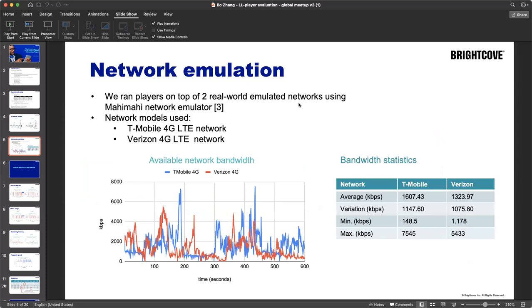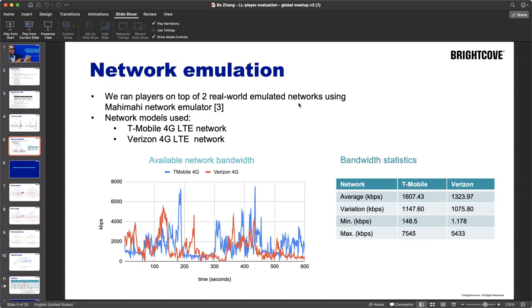And this is how we emulate the network. We run all the players on top of two real-world emulated networks using a network emulator called Mahimahi. We use two network traces, a T-Mobile 4G LTE network and a Verizon 4G LTE network. This diagram below shows the variation of network bandwidth over time, over a 10 minute session.